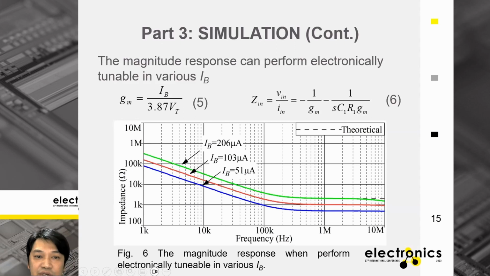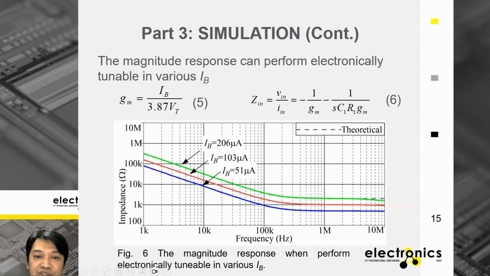Okay, go to figure number 6. According to equations number 5 and number 6, the magnitude response can be electronically tuned by changing the IB, and then changing the gm as well.